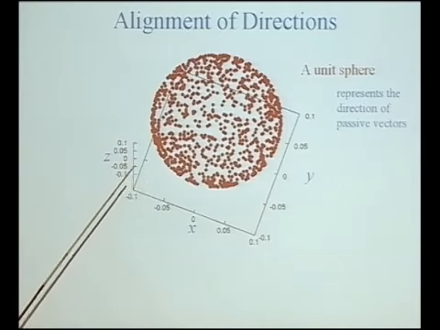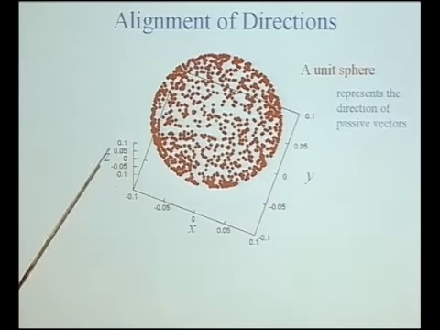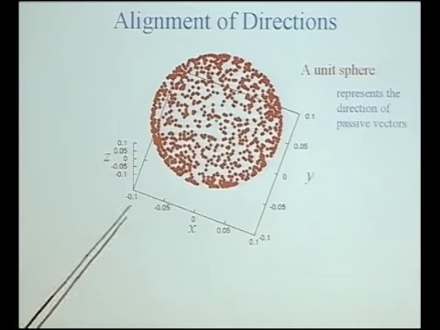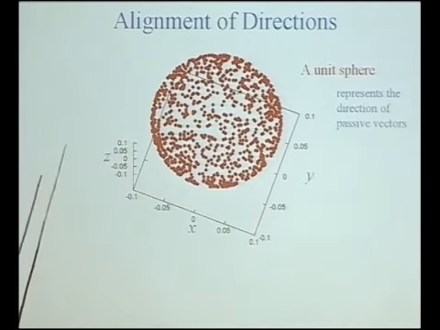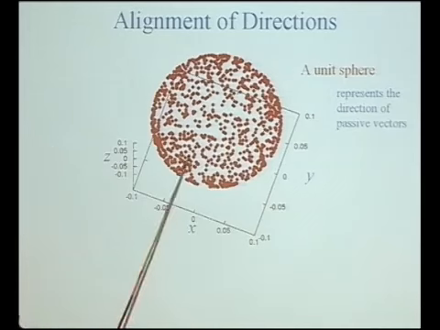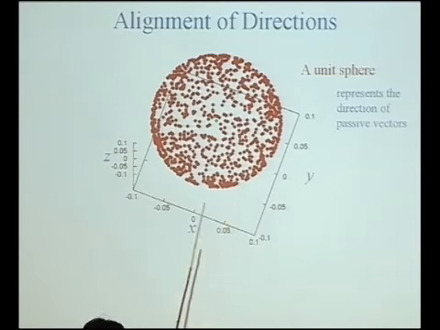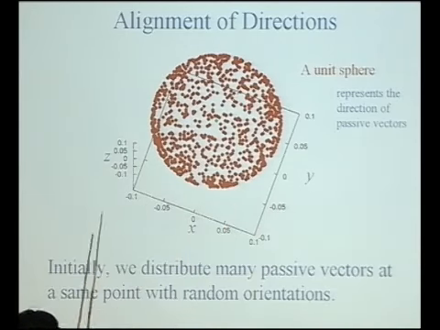Now we examine the alignment property numerically. Here I show the orientation of a thousand passive vectors distributed isotropically on a unit sphere.